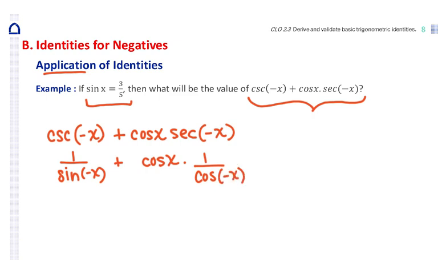All right. And again, we'll use the negative identities. And since sine is an odd function, we can replace it with the negative sine of x. And we'll leave cosine x the way it is. And cosine is an even function, which means cosine of negative x is exactly equivalent to the cosine of x.